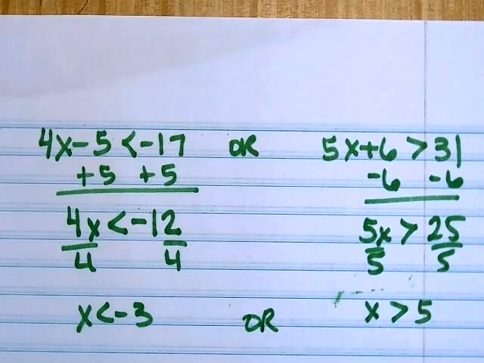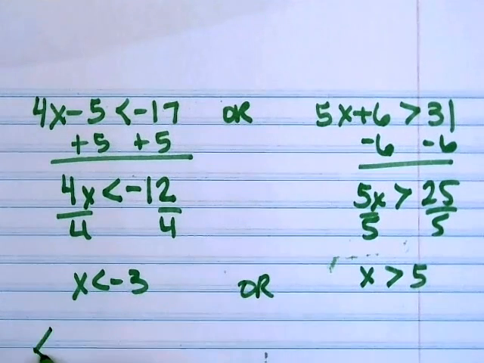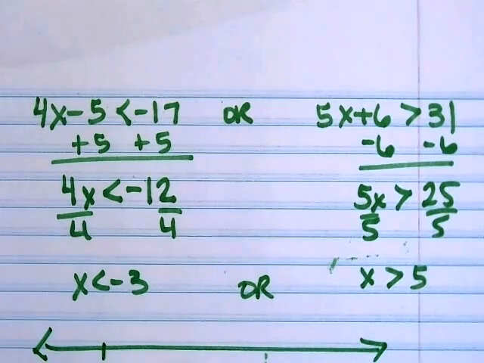Okay, we've got the word "or" in between. So what does that tell you? They're going to go in opposite directions. That's what they're supposed to do. So let's just deal with each one individually.